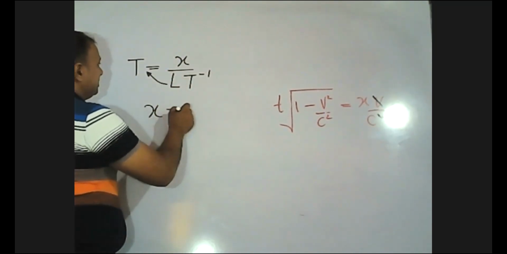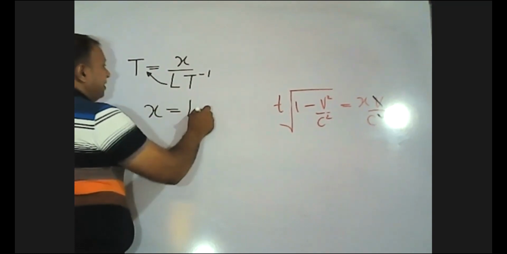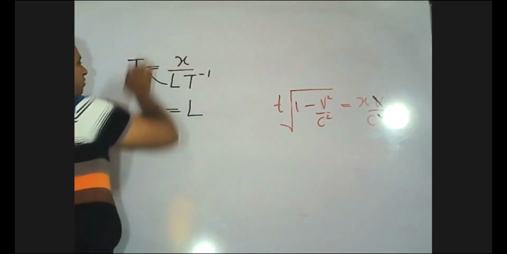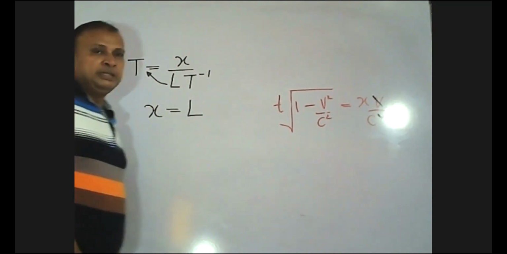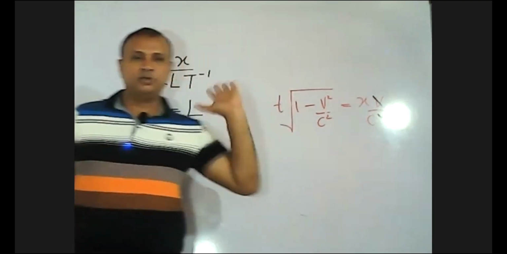That means x is equal to L. T minus 1 to T plus 1 will be cancelled out. So the dimension is equal to it. Everybody, do you get my point?